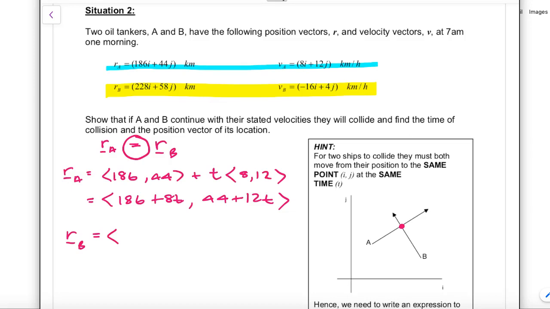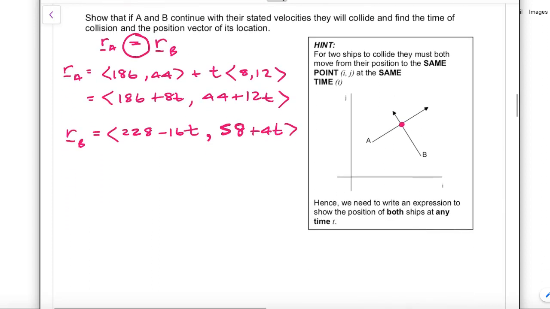So let's try and write that in terms of i and j straight away. So looking at the i values, we'll have 228 take 16 times the amount of time, that velocity vector, and we'll have 58 plus 4tj. So these obviously are our velocities multiplied by time.